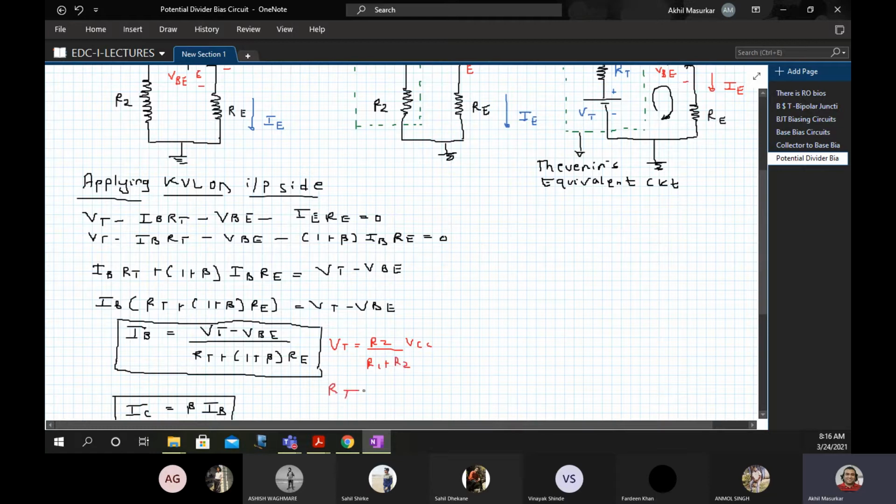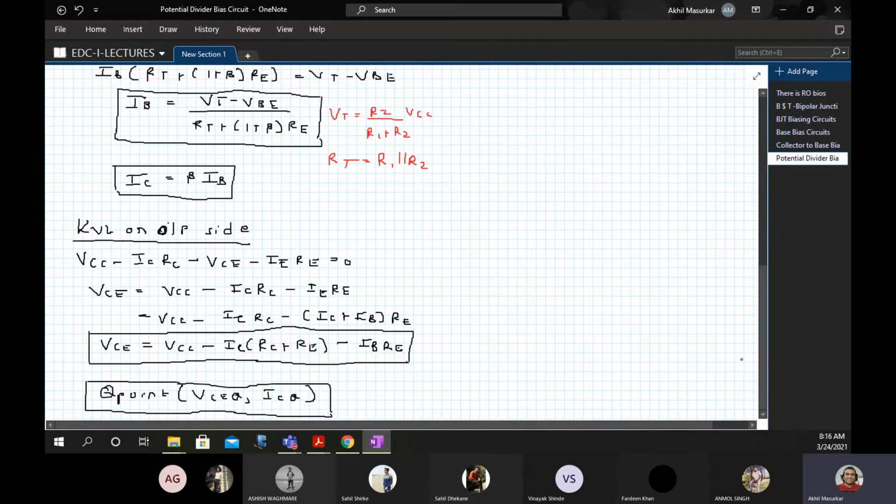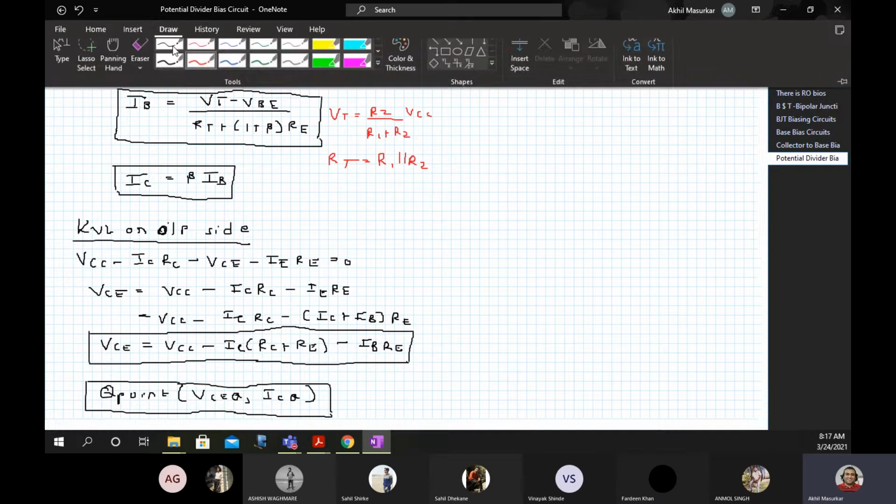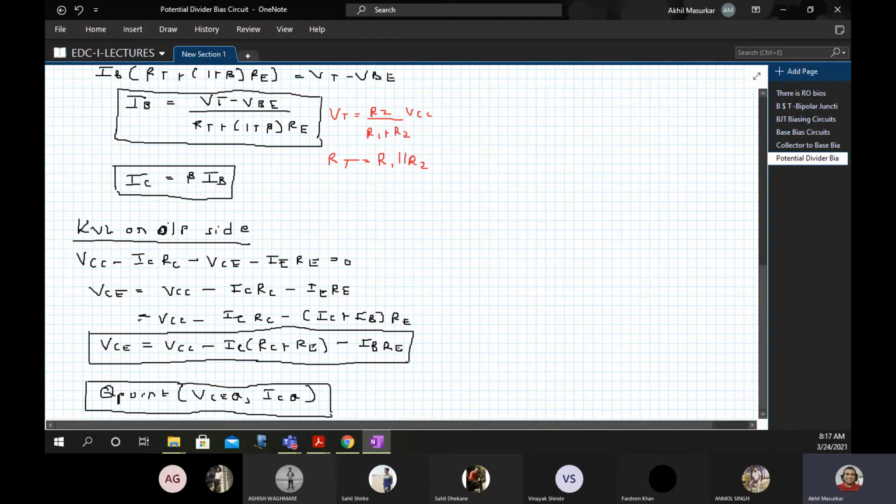And RT is R1 parallel with R2. So once you are done with this, just write done in the chat box. Any doubts, please ask. So this IE is IC plus IB.